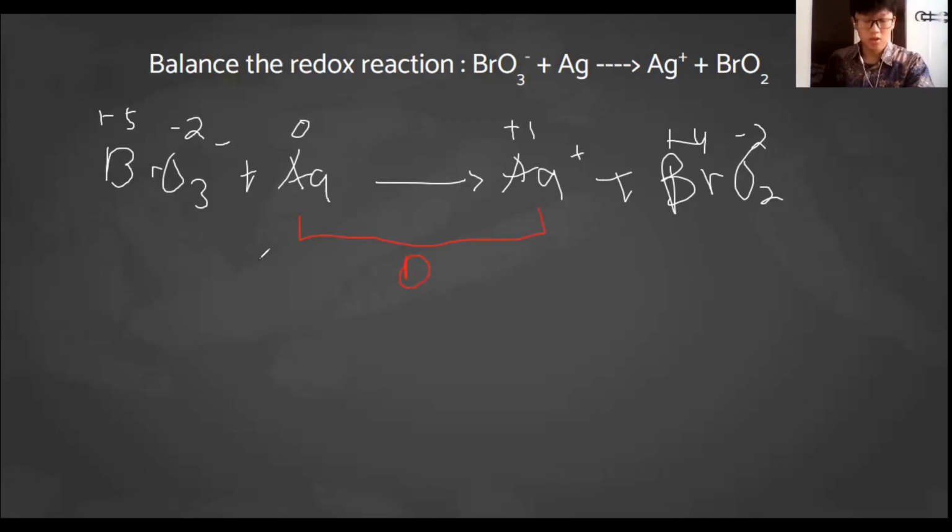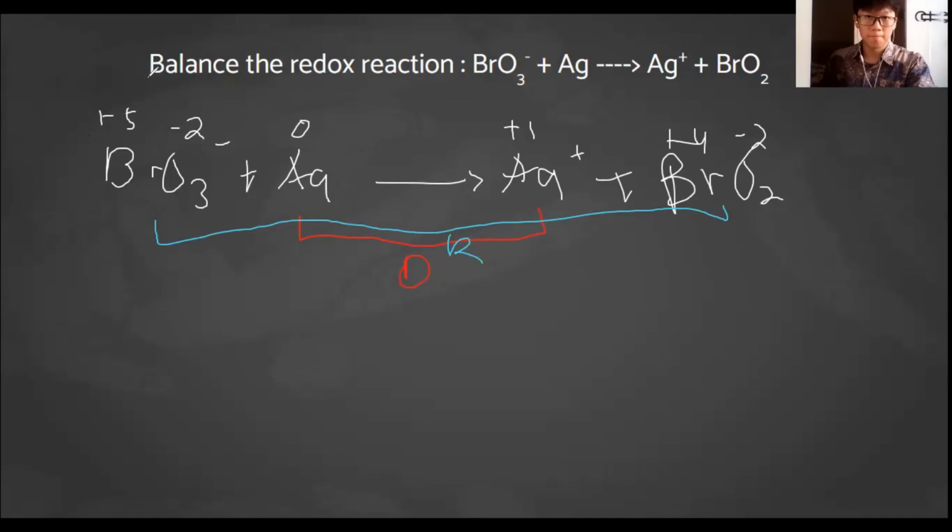And for reduction, here in BrO3, bromine went from +5 to +4. So this has a gain of electrons, sorry, so this will be a reduction.